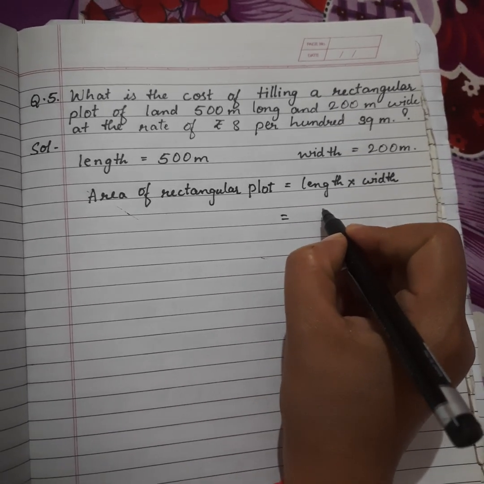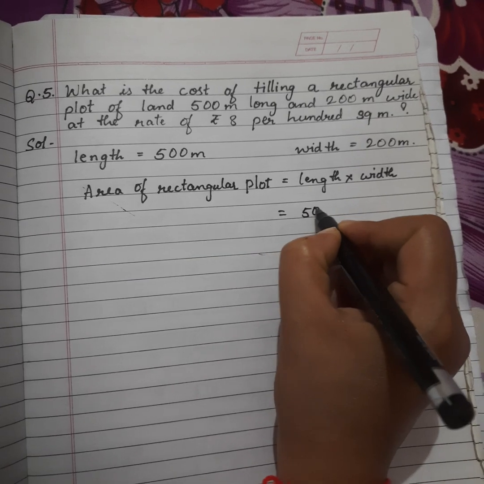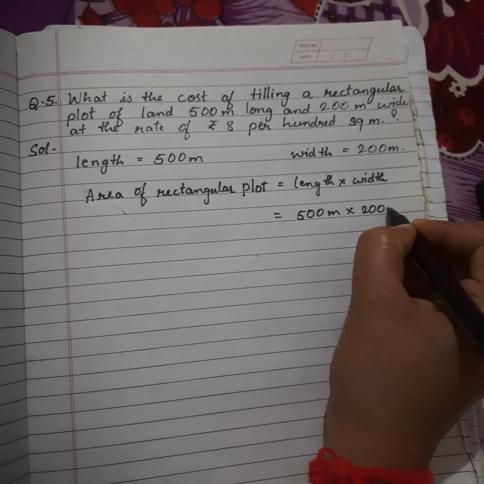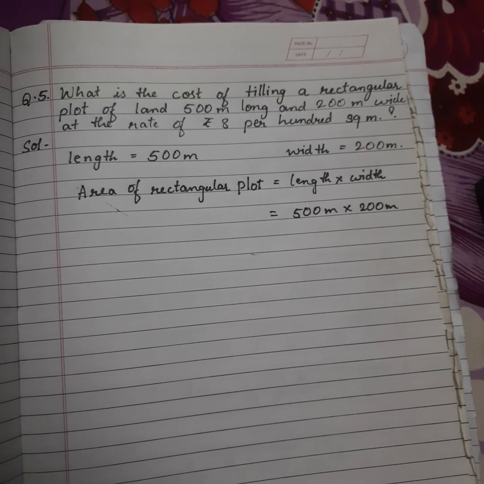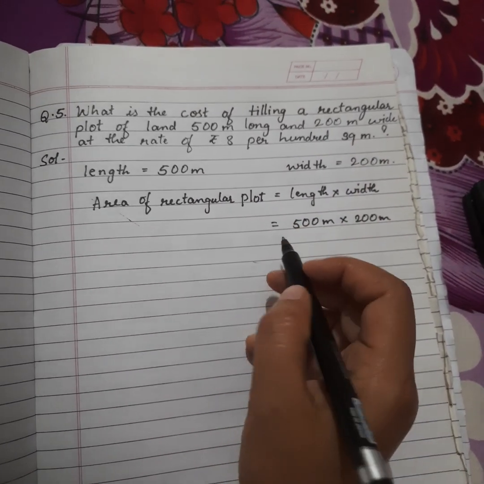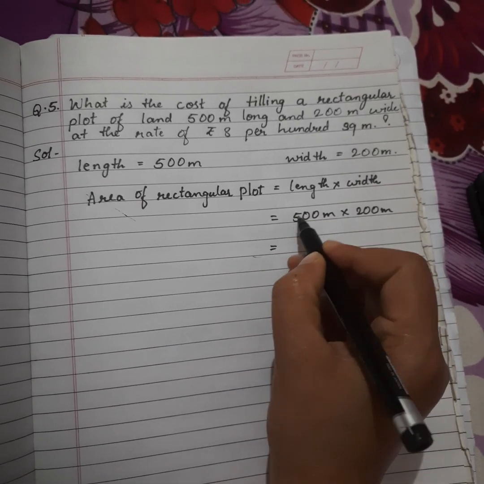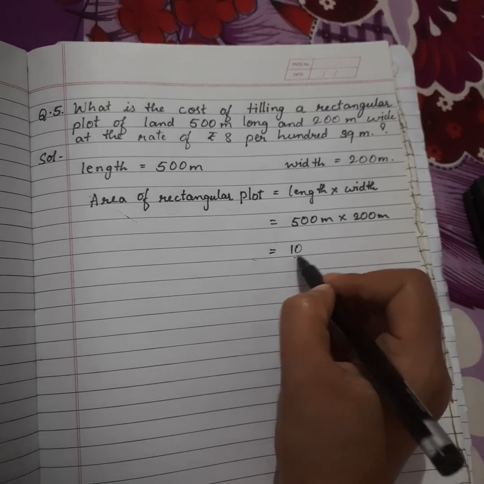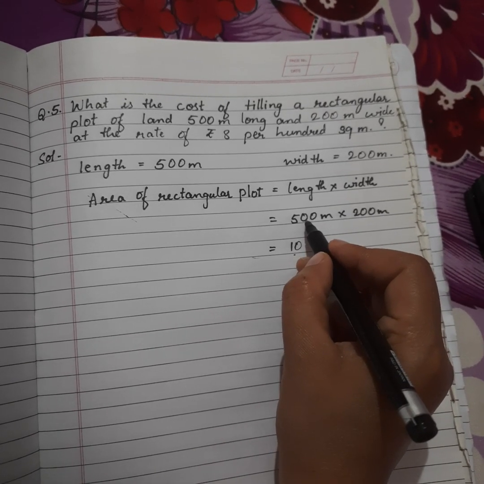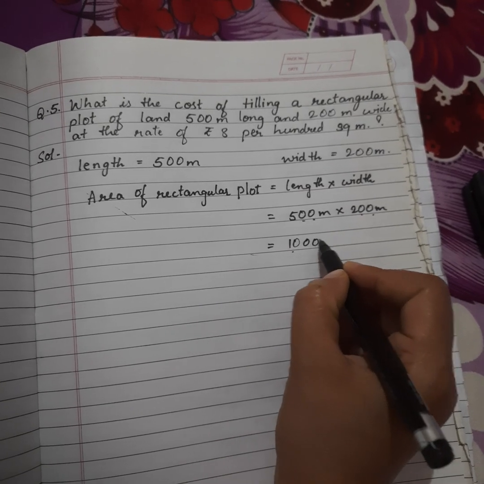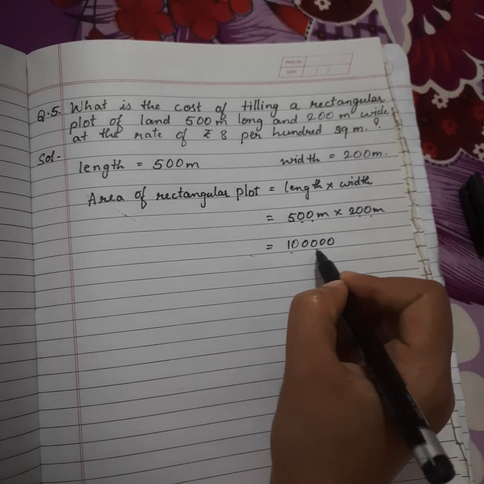Length is 500 meter, width is 200 meter. Correct? Length 500, width 200. Now we know 5 2s are 10, and then 4 zeros are there, 1 2 3 and 4.